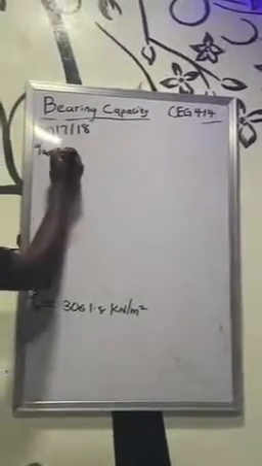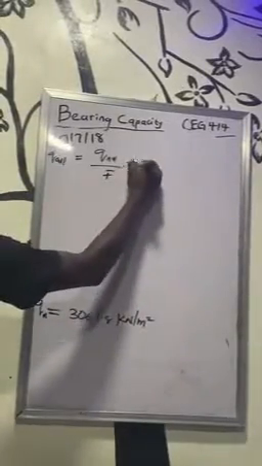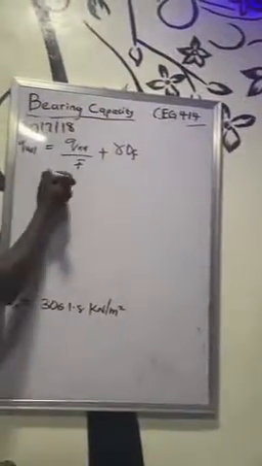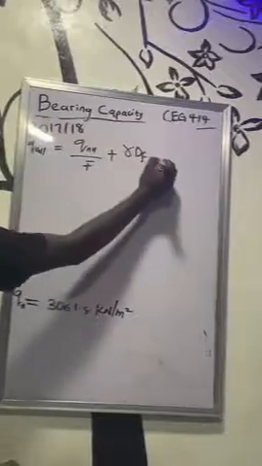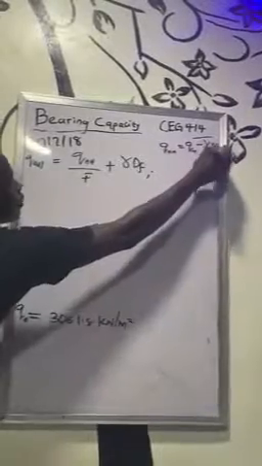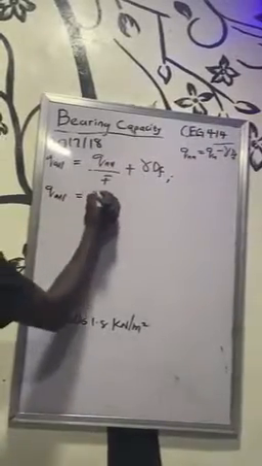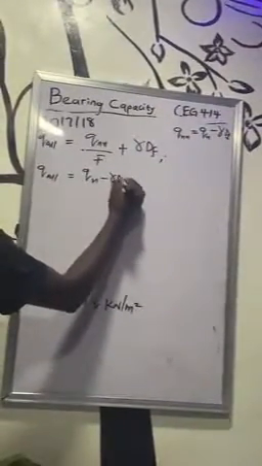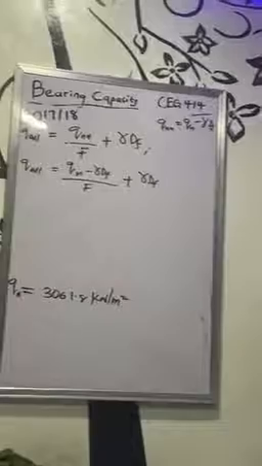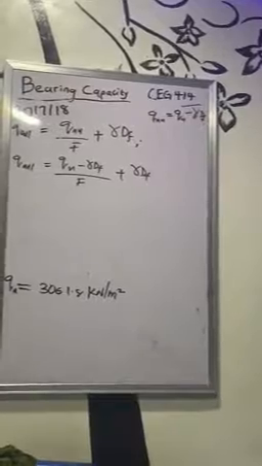So, Q allowable, this is the formula. Q allowable equals Qnu over F plus gamma Df. Now, I have Qnu. Please, guys, go with me. Qnu equals Qu minus gamma Df. So I can put this into this formula and say Q allowable equals Qu minus gamma Df, all over the factor of safety.